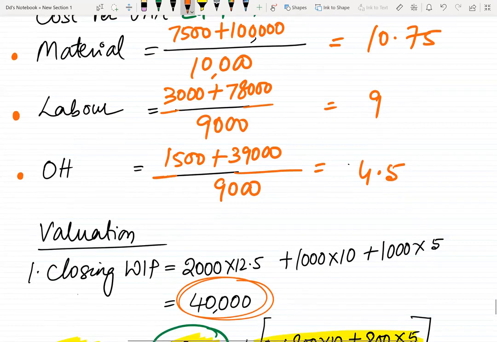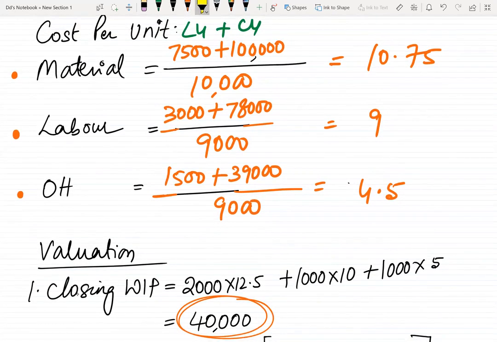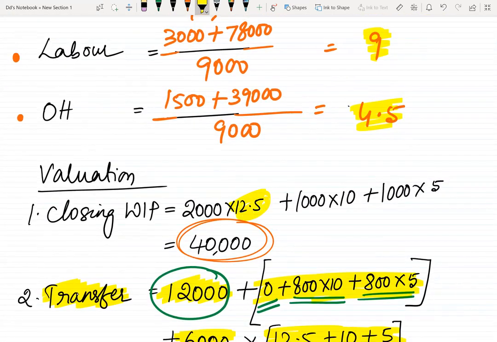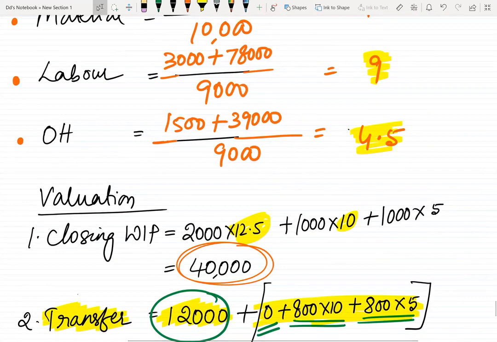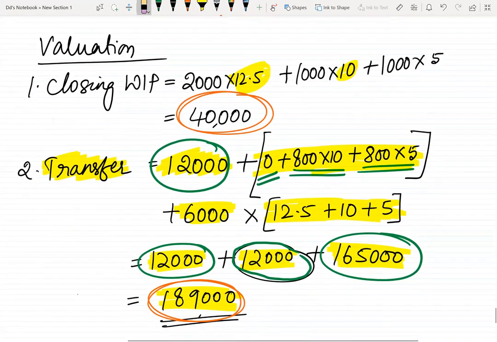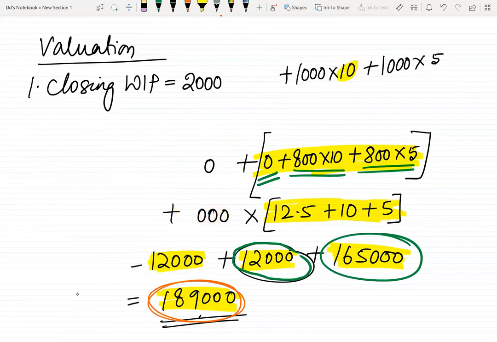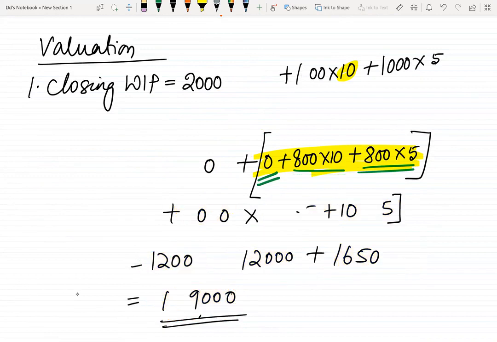Right. Now tell me, if these numbers are changing, obviously even your valuation will change, correct? Because this is not 12.5, this is not 10, all numbers are new now. You will have to work out. Yes, everybody, last step, valuation. Let us start.